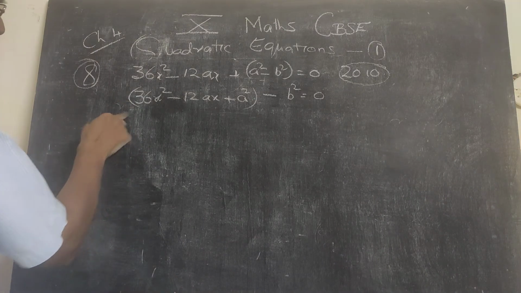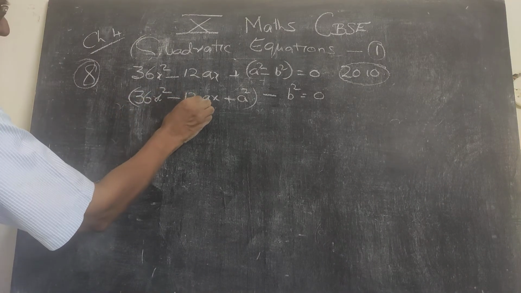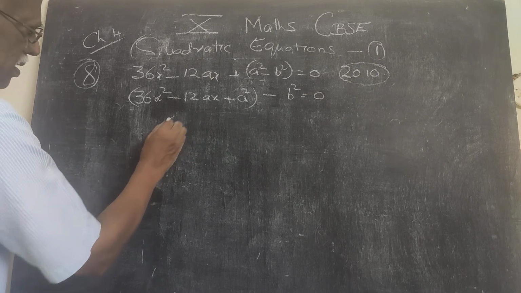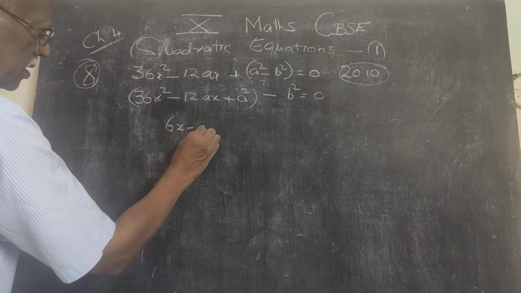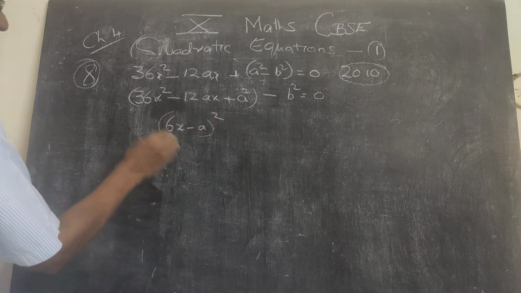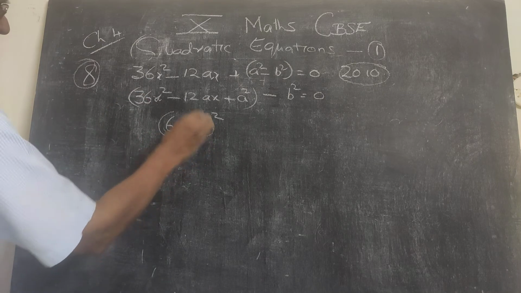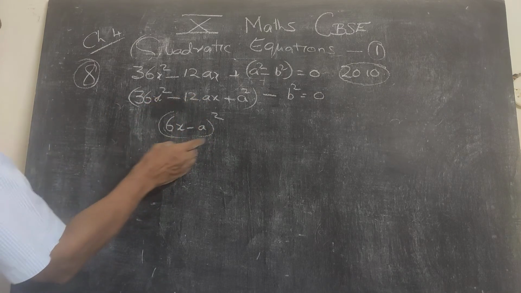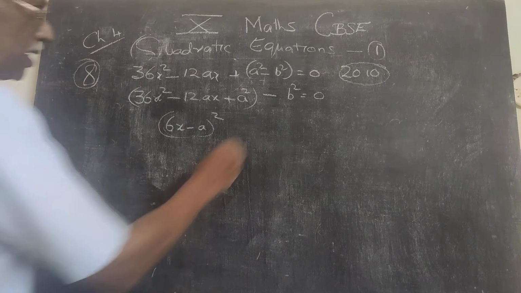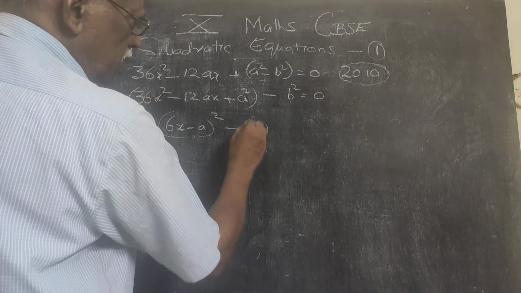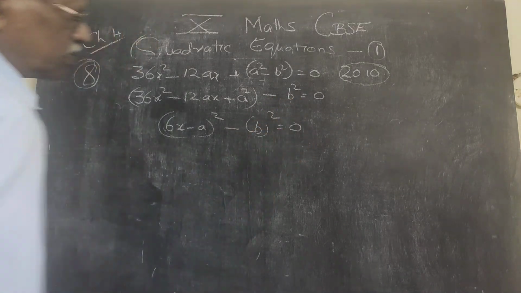The result is now 36x square minus 12ax plus a square. You can easily say this is 6x minus a the whole square: a square, 2ab term, 2 into 6 into this, and b square. And this will be minus b the whole square equal to 0.